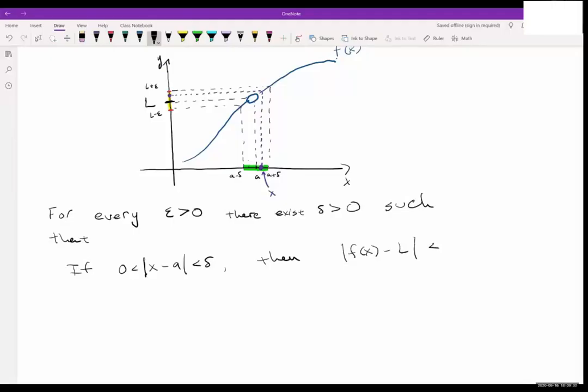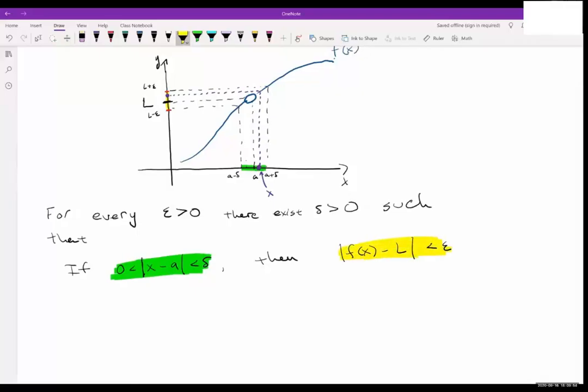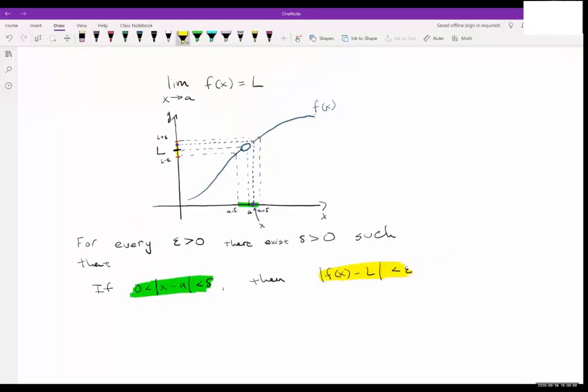meaning that the purple dot on the y-axis is in the yellow region. So this part here is saying as long as I pick an x in the green region, I'm guaranteed I get an f of x in the yellow region. That's what those are saying. Okay, I realize that this is tricky stuff, but that's the idea.